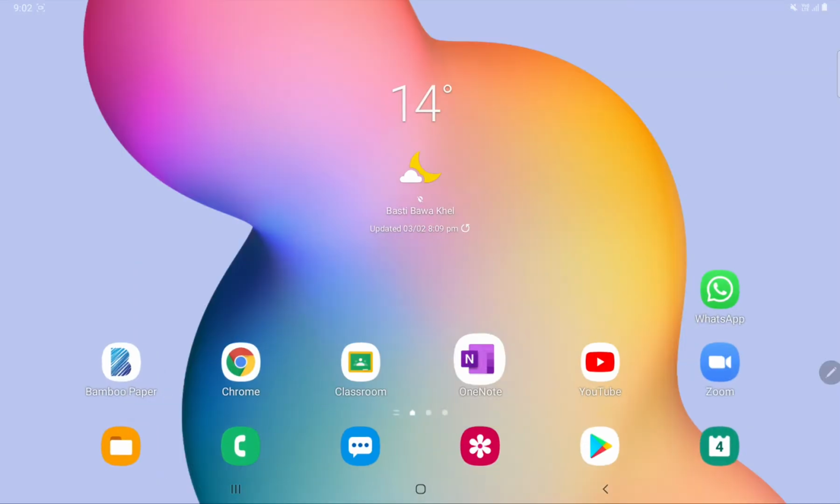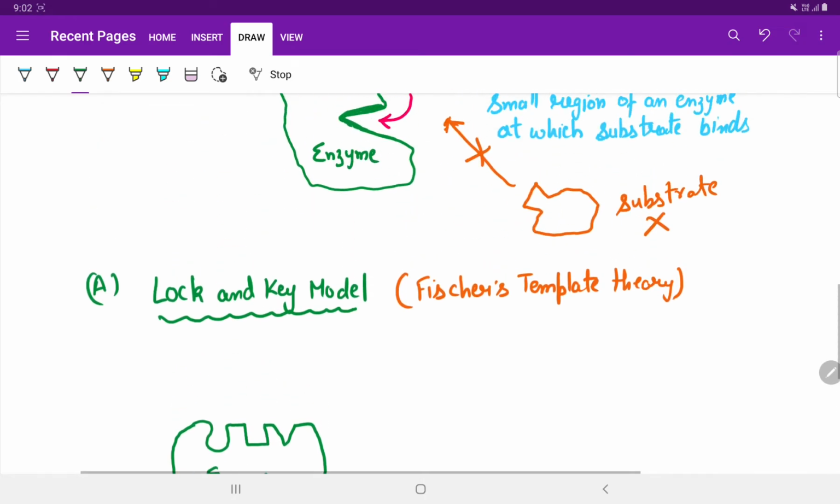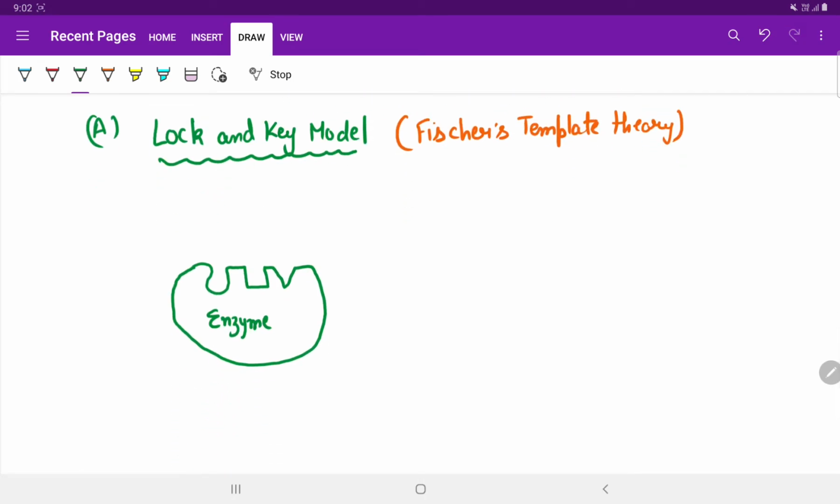So, in order just to understand this, consider that this is an enzyme, and to bind a substrate it must be in a similar shape to that of this. For example, let us consider the structure of a substrate like this.